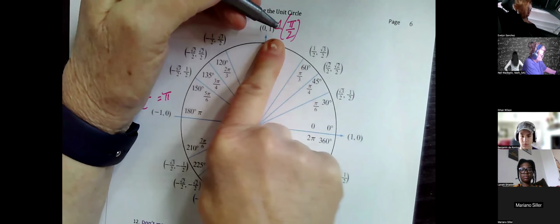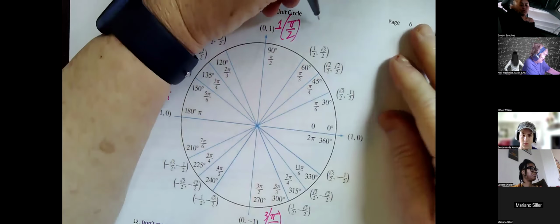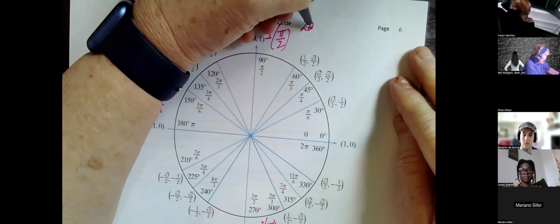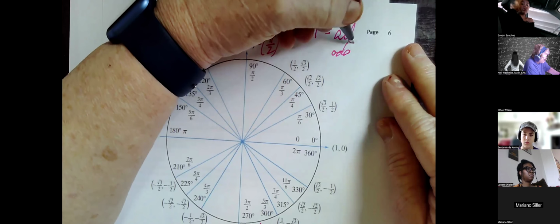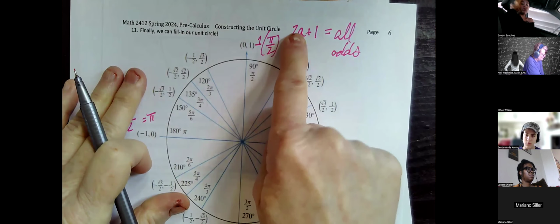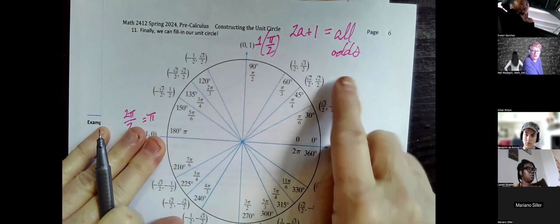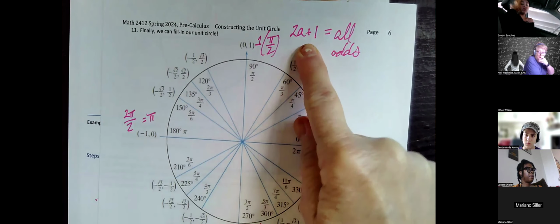So if we get an odd number, let's see, 2a plus 1 are all the odds. For integers a, every odd number is 2a plus 1.